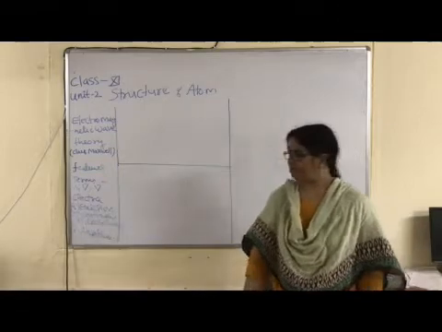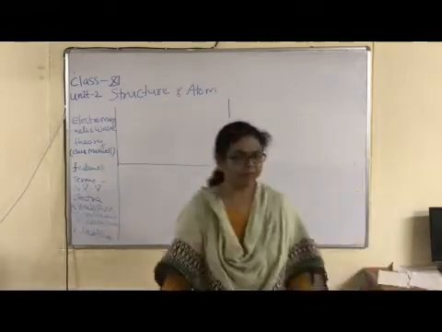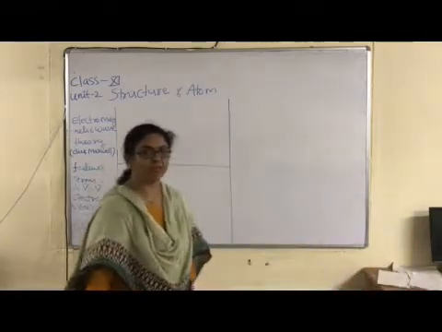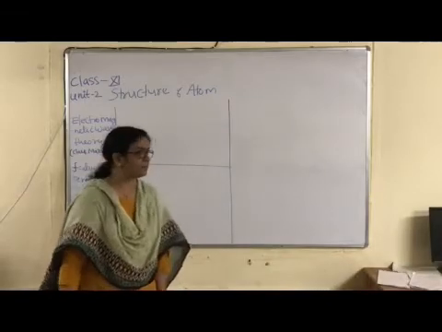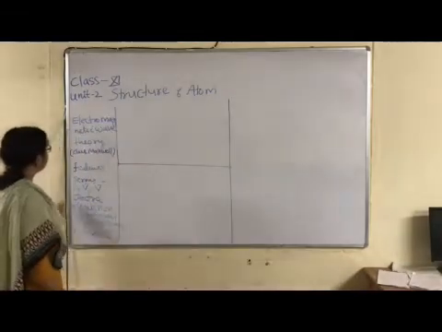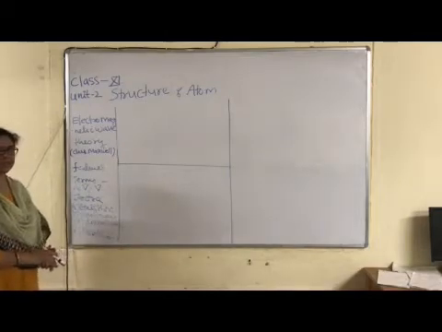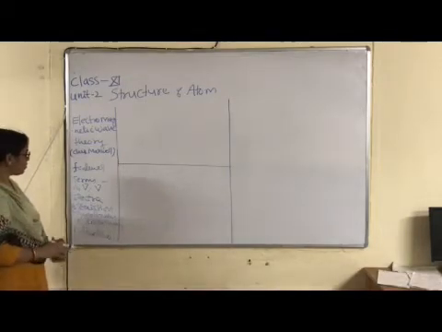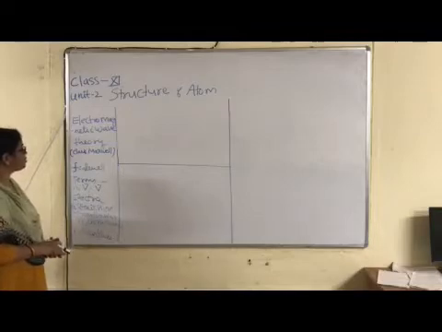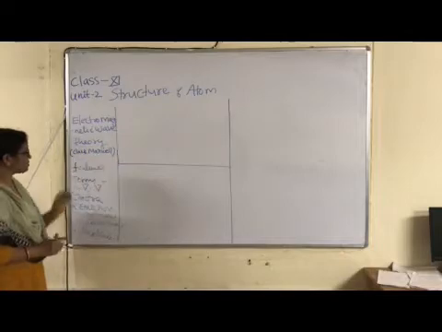Now children, after the study of discovery of fundamental particles and arrangement of fundamental particles in an atom, now we will discuss electromagnetic wave theory. What is electromagnetic wave theory and what are common features of electromagnetic radiations according to Clerk Maxwell?